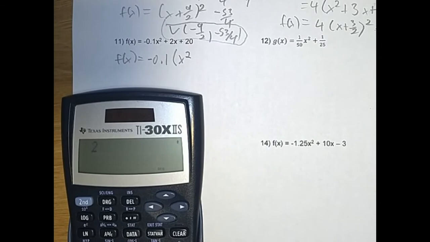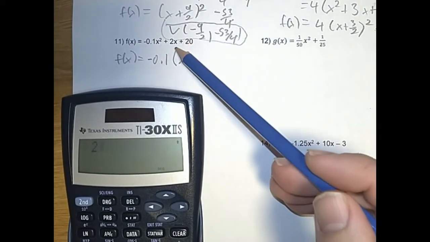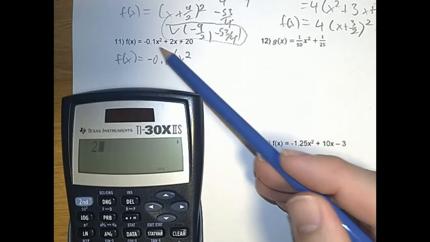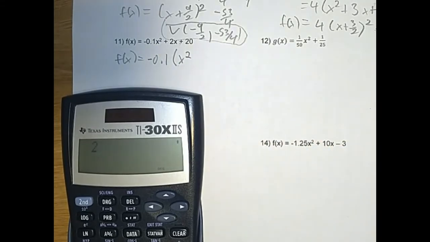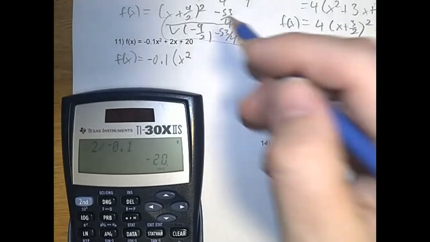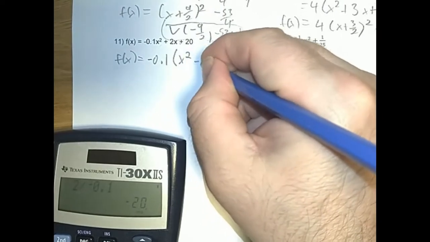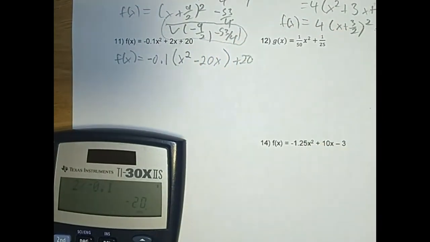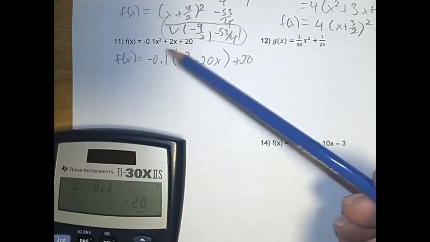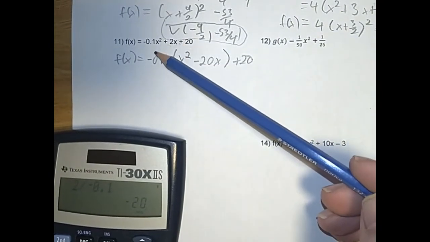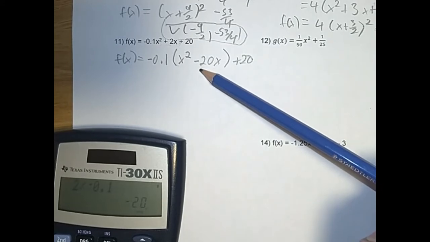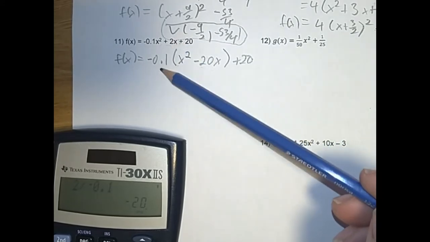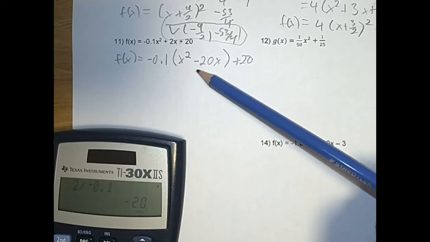So the second number, that number right there, you divide it by negative 0.1. So I like this, and it becomes minus 20x. Okay, so all I did is I took that 2 and divided by negative 0.1, and the negative 0.1 stays in the front, and I got x squared. So I kind of like working with decimals.